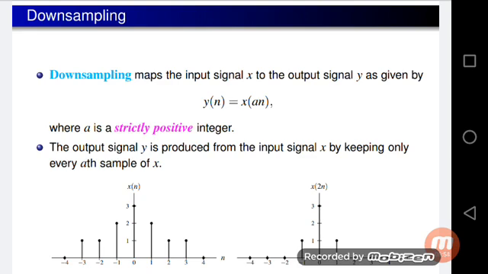Maps of input signals x to the output signals y as given by y of n equal to x of an, where a is a strictly positive integer.